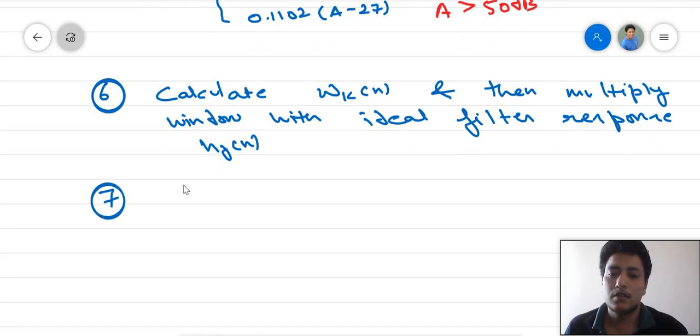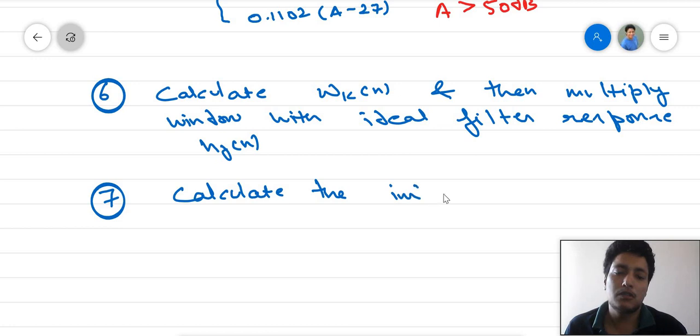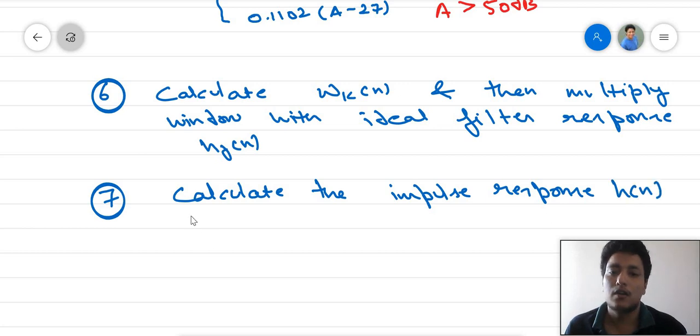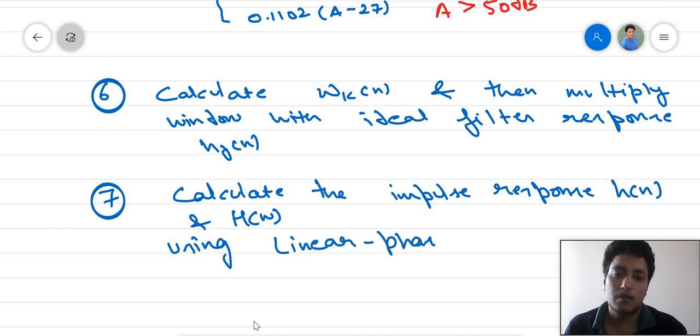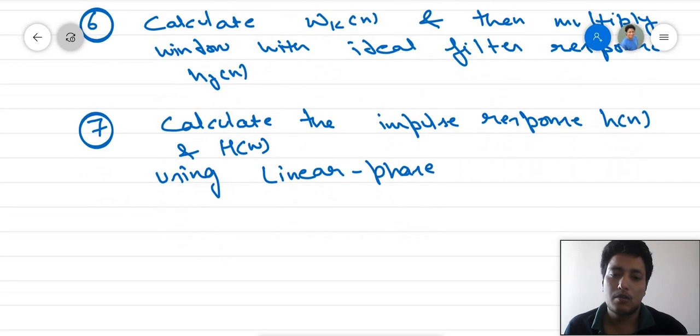And 7 is calculate the impulse response h(n) and H(omega) using the linear phase FIR filter property.